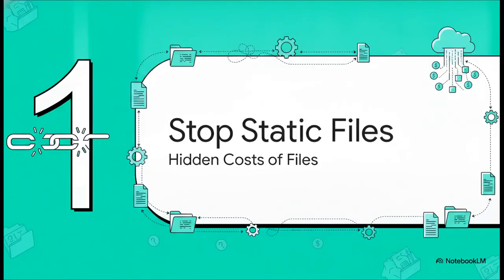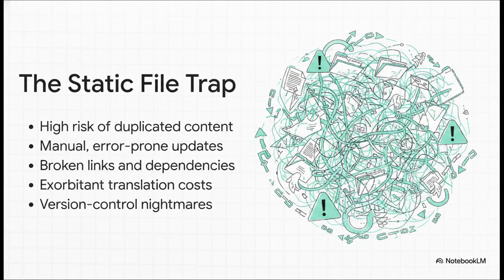All right, diving right into Section 1, stop using static files and the hidden costs of unstructured documents. Think about the hidden nightmare of traditional desktop publishing for a second. When you're managing documentation as standalone, unstructured, static files, you're basically creating a systemic failure loop. Let's say you have a single safety hazard statement.